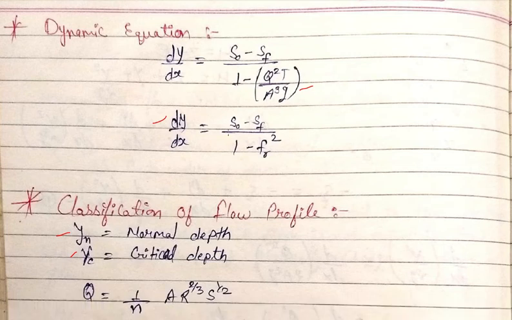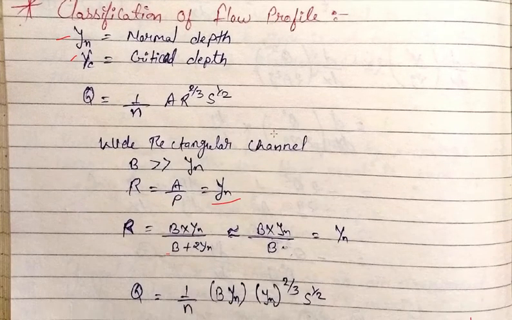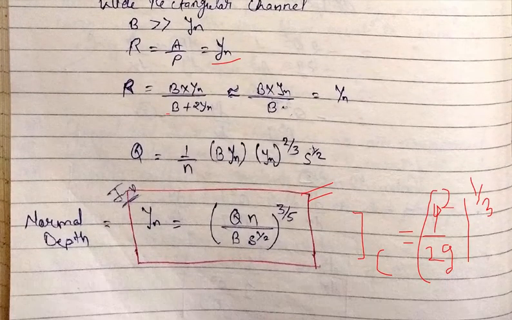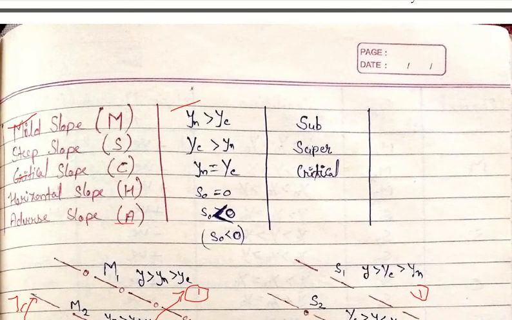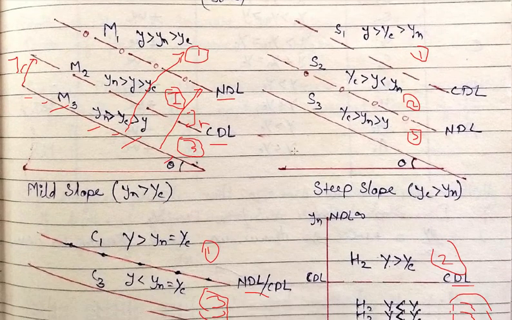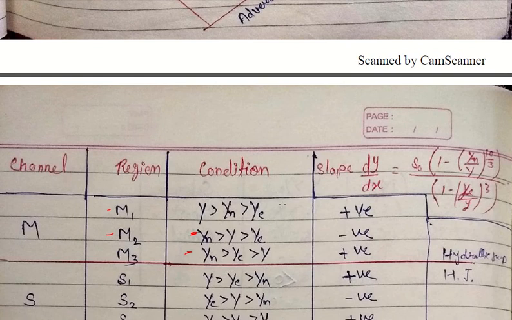So in the first region of mild slope, S naught is greater than SF. The depth y is greater than yn, that means the flow is subcritical, that means the Fr value is less than 1.